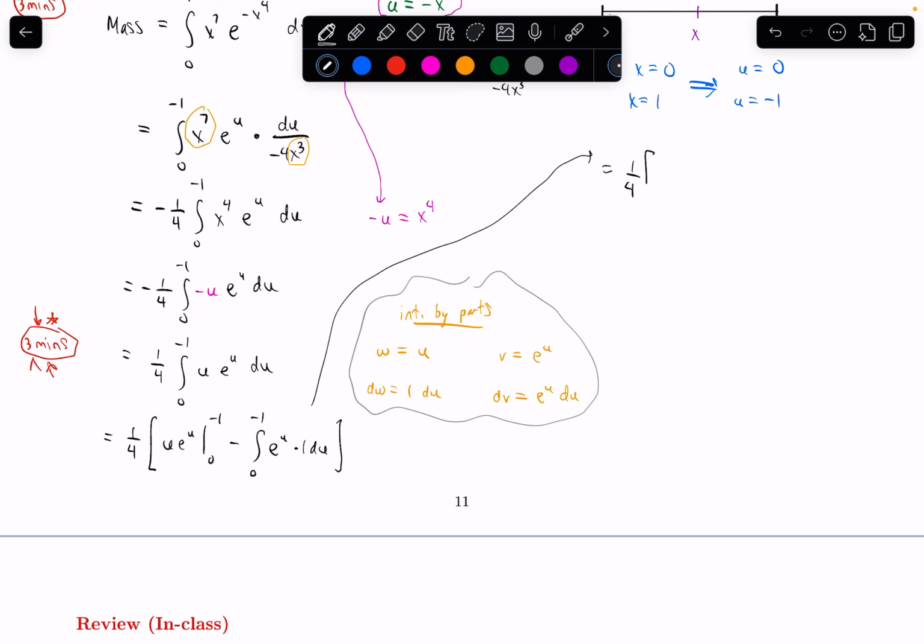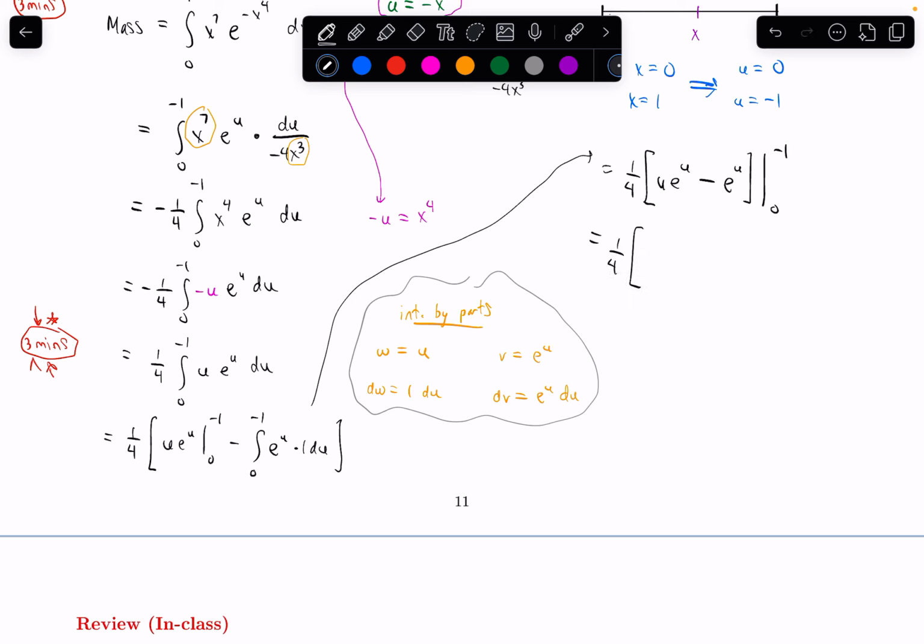So I'll have a big bracket. The first part is u e to the u minus the integral of e to the u, which is just e to the u. Close the bracket. Now I'm going to plug in the 0 and the -1 into the stuff in the bracket. The 1/4 is already factored out, so I just leave it factored out.